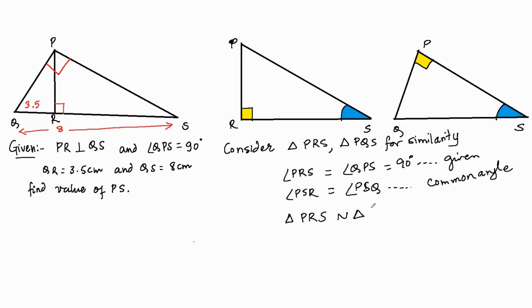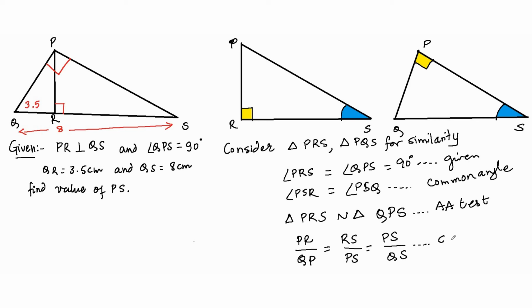So triangle PRS is going to be similar to, so R corresponds to P, S corresponds to S, and therefore we have QPS. This is by the AA test of similarity. So now we can write the corresponding sides. So PR divided by QP is equal to RS divided by PS, which is equal to PS divided by QS. This is because of corresponding sides of similar triangles.